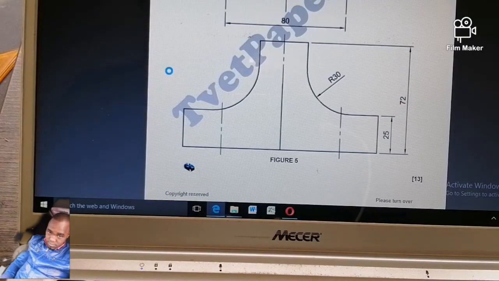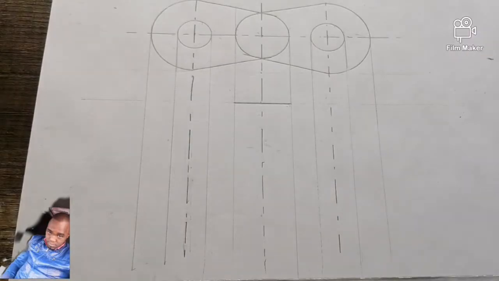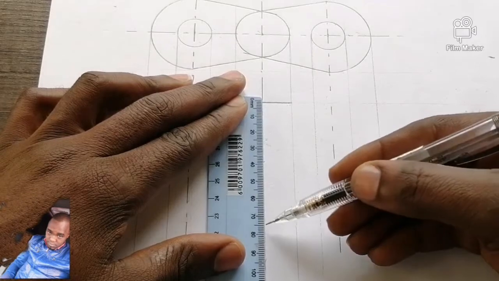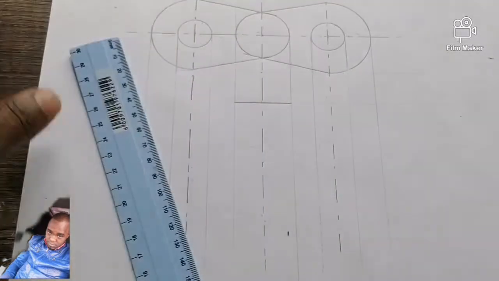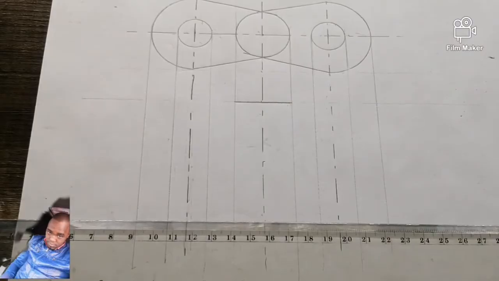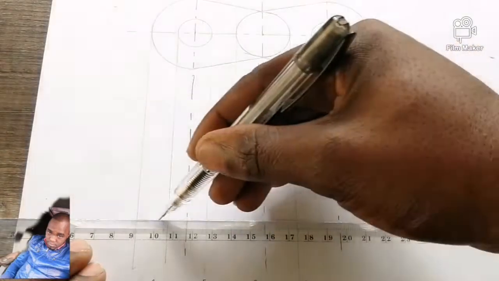So from here going down, I'll measure 72 millimeter. 70, 71 to 72 millimeter. So where my 72 millimeter ends, I put a faint line, and here I can even draw a dark line.